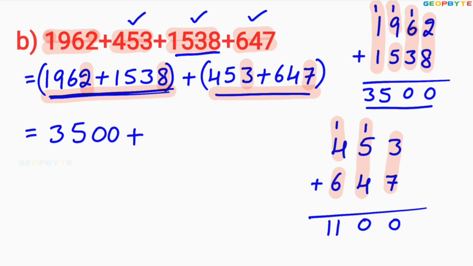Look at the value. I said this is also giving a rounded number, 1100. Now you add these two numbers, this number plus this number. Let us do that.